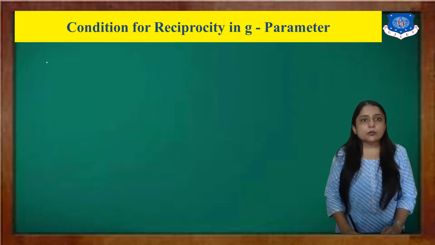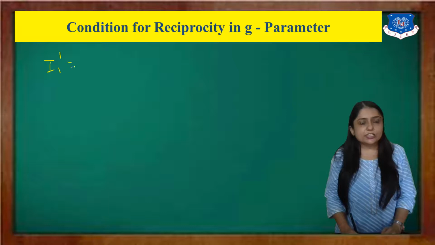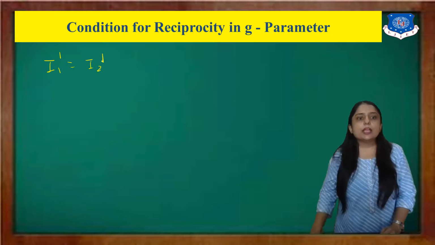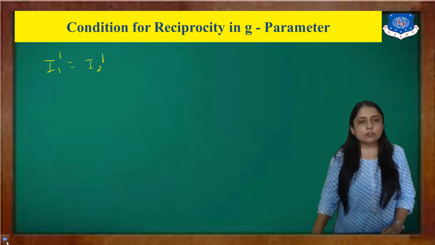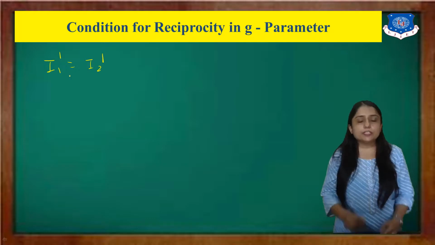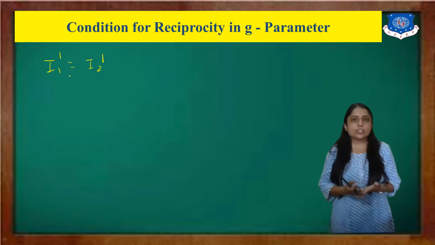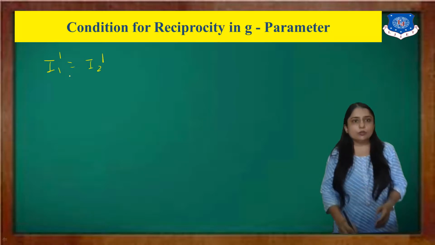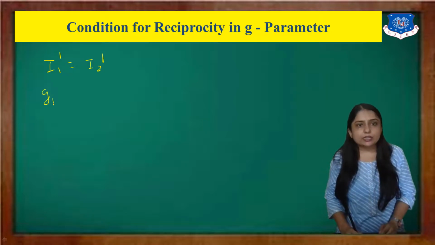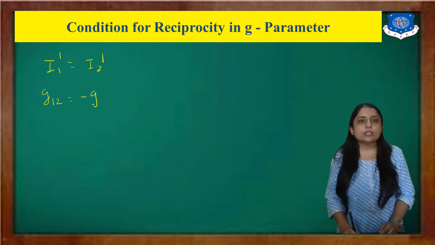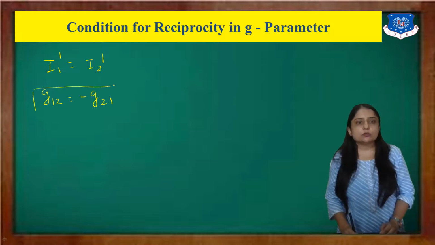So here we have to consider that I1 dash equals I2 dash, and if we substitute the values that we have already found for I1 dash and I2 dash, then we will get the final condition, that is G12 equals minus G21.